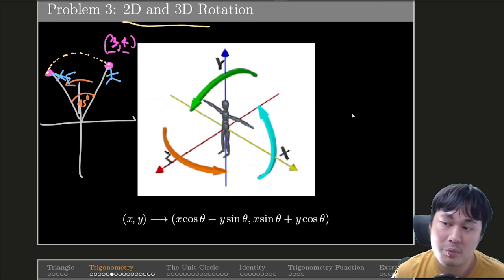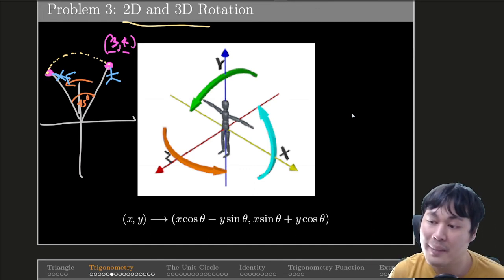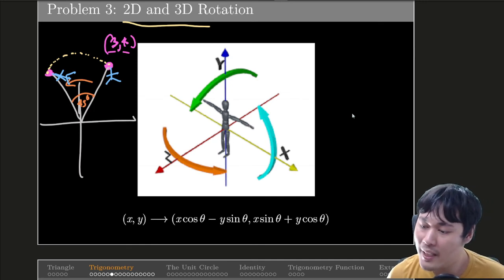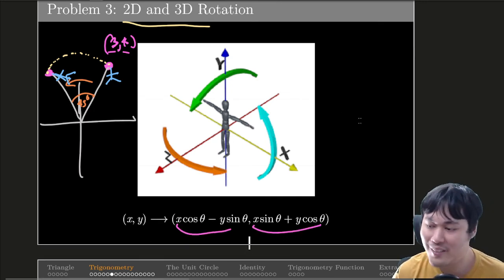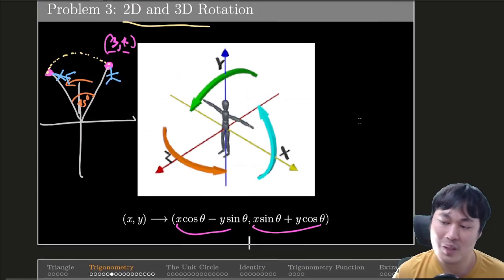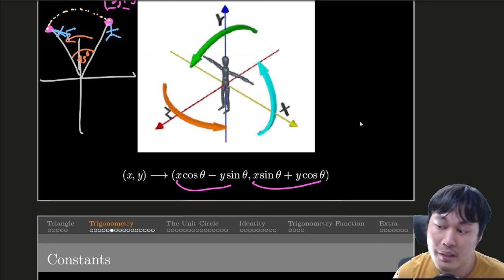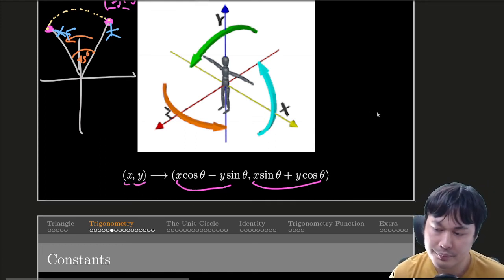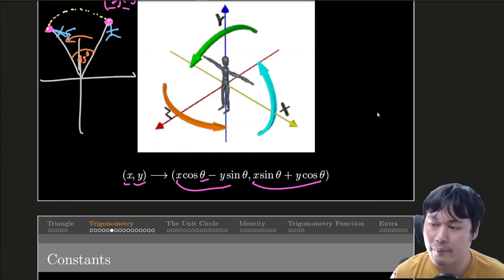When I give you these 2 points, you can determine immediately where that point should go after this rotation. And that's the formula. You don't have to freak out yet, because we need several steps before we can understand what this formula is trying to tell us. And so we have the point x and y. If you rotate it by some angle, theta, that's the coordinate of the new point.